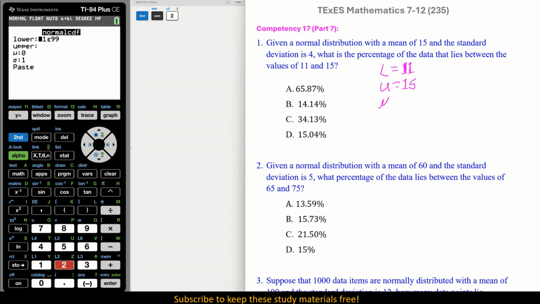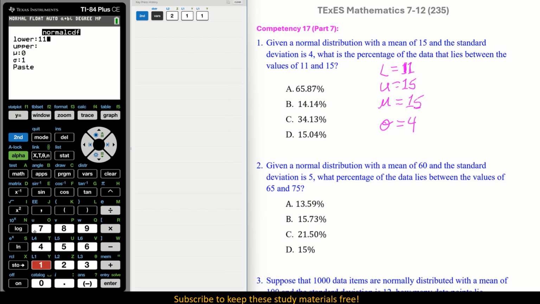Now we know that our mean is also 15, which is just a coincidence in how it's written, and the standard deviation is 4. So we use 11 as the lower, 15 as the upper, our mean, or mu, is also 15, and our standard deviation is 4.